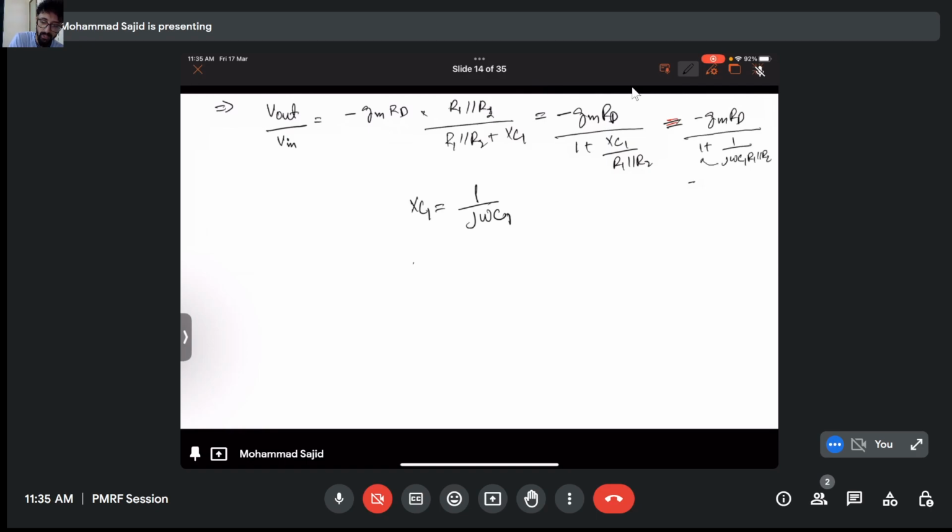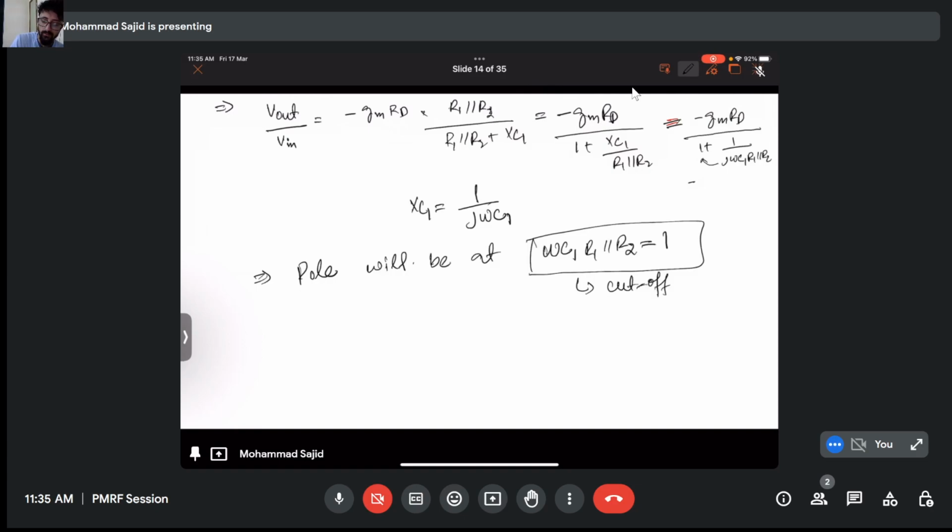Or if I multiply and divide it, we will get j omega C1. So my pole will be at omega C1 R1 parallel R2 equivalent to 1. This is a condition for cutoff frequency.